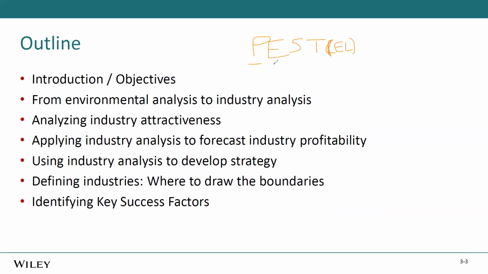Basically, this is politics, economic factors, social factors, technological factors, and then sometimes, depending on context, you might want to add environmental and legal factors. That's our broadest level of analysis. We then move on to specific industry analysis, and that's what we're going to be talking about today. There are going to be two lectures on the topic of external analysis.